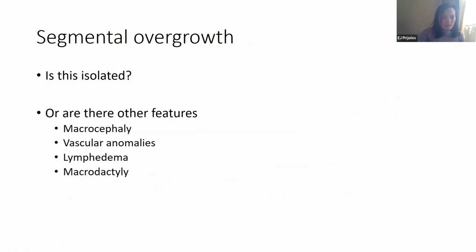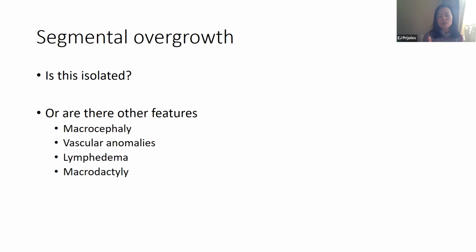All right, and then segmental overgrowth. So is the overgrowth isolated? Is it just leg length discrepancy? Is it the girth of one limb being bigger than the other?